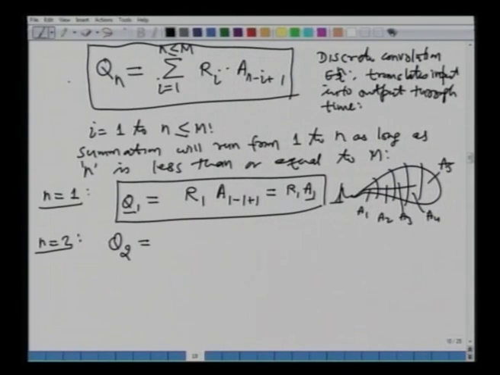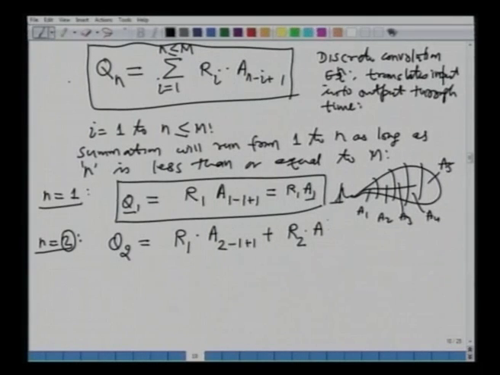So, first we will write the expression for i is equal to 1. What would that be? Well, it will be R1, i is equal to 1, times A, small n is 2 minus 1 plus 1. Just simply apply this equation like a computer program. Plus there will be another term. So, you have R, now i is 2, times area, which one? n is constant, n is 2 here.